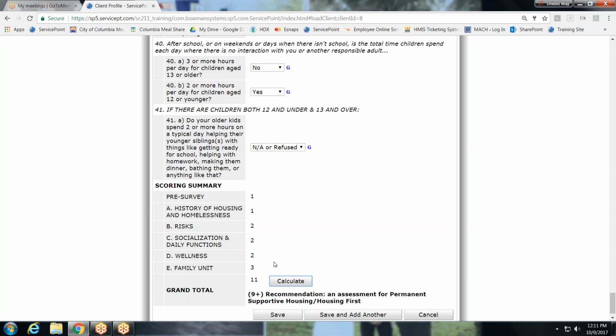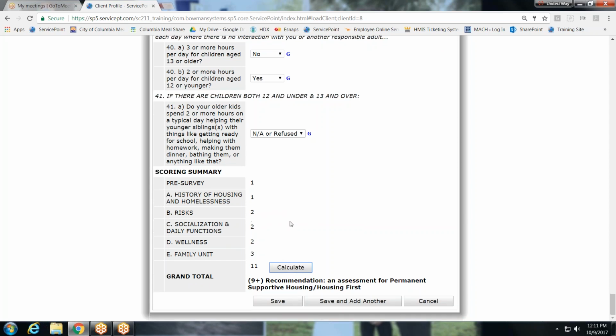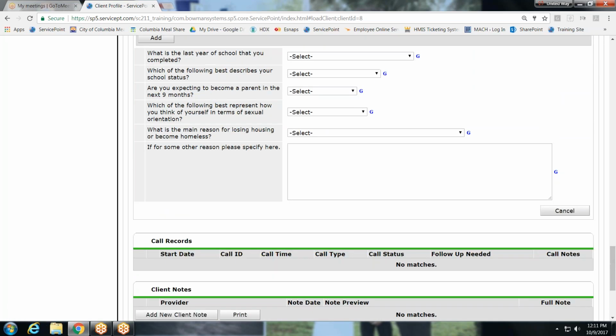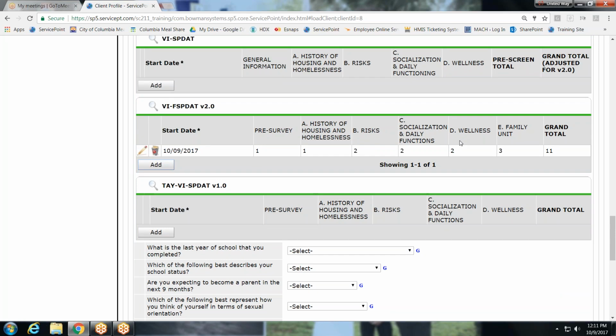Or if you're having to refer them out to other agencies, then you can start doing that at this time also. So in order to make sure that this is saved and she is added to the prioritization list, we want to go ahead and hit save. Okay. It's going to take you back to the client profile tab, where we'll be able to see what she scored in each category and then her grand total, which is an 11.